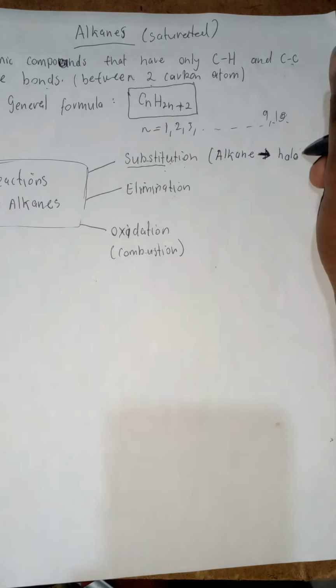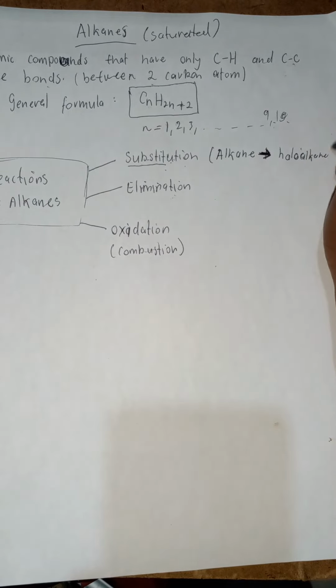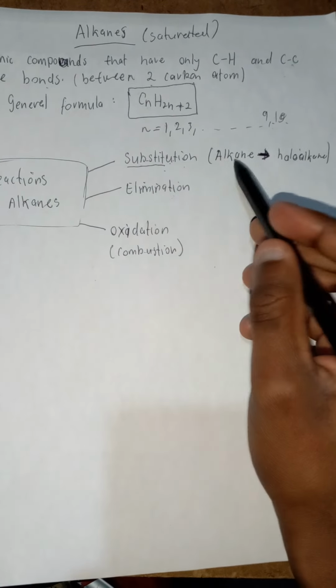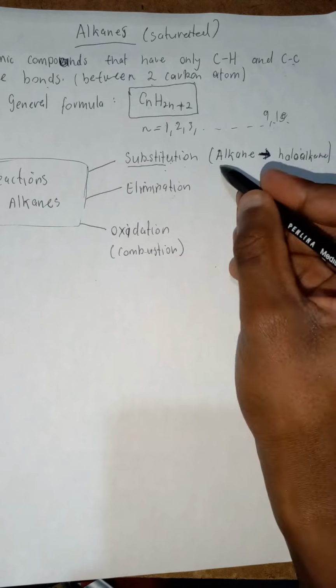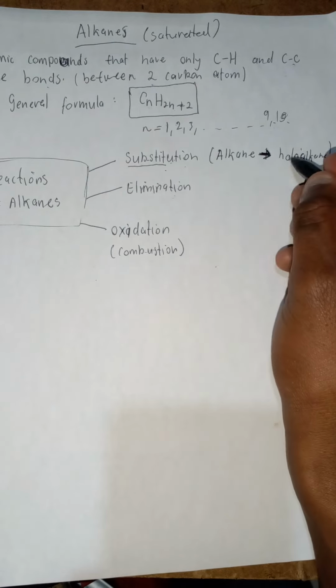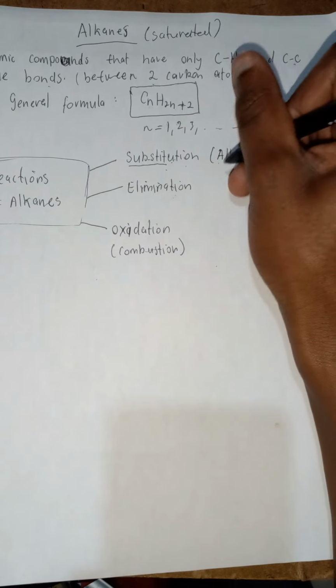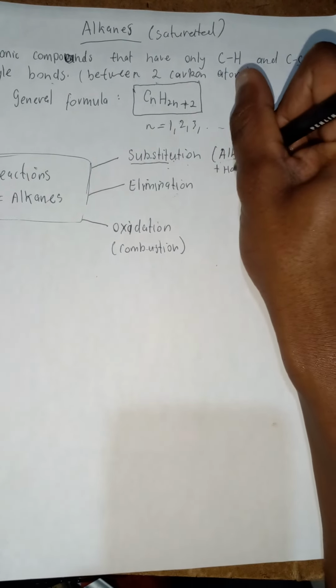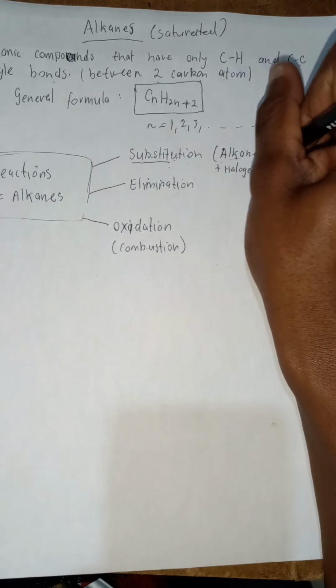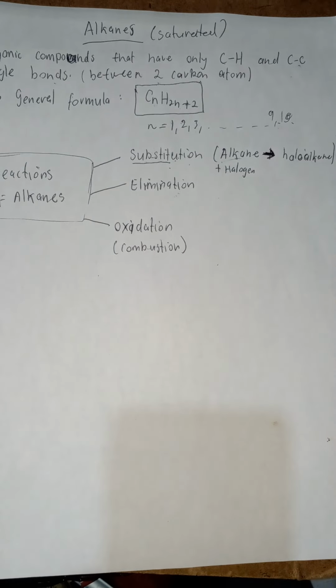So a substitution reaction is a reaction of an alkane forming a haloalkane. Alkanes mainly react with a halogen. So what is a halogen? Halogens are those elements that are found in group number 7: bromine, fluorine, iodine, chlorine.